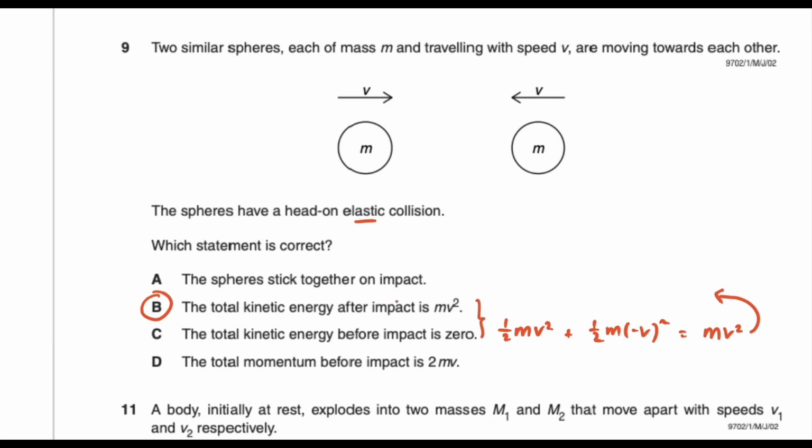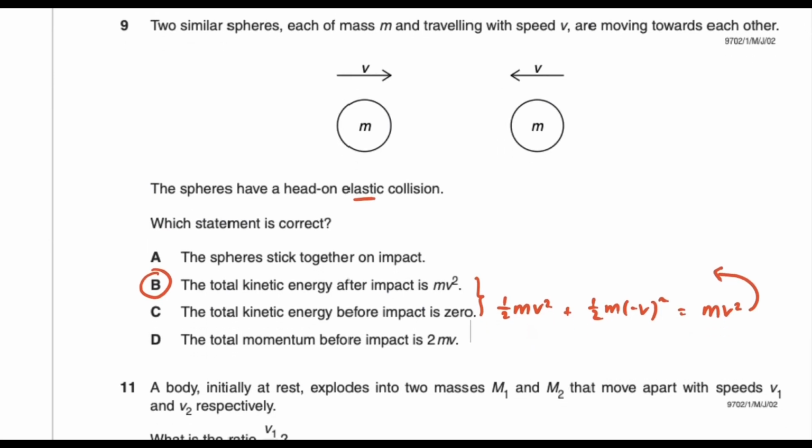Teacher, to calculate kinetic energy, you use velocity, right? But velocity is a vector. How come when you calculate kinetic energy, it becomes scalar? You mean which one? Kinetic energy? Yeah, is kinetic energy scalar or vector?